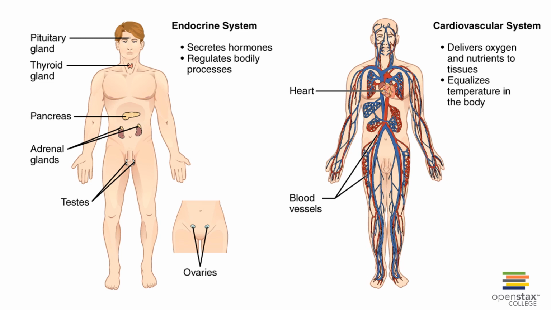The cardiovascular system is composed of the blood, heart, and blood vessels, and provides internal transport of nutrients and oxygen to body cells, while also removing wastes and carbon dioxide being transported away from body cells.